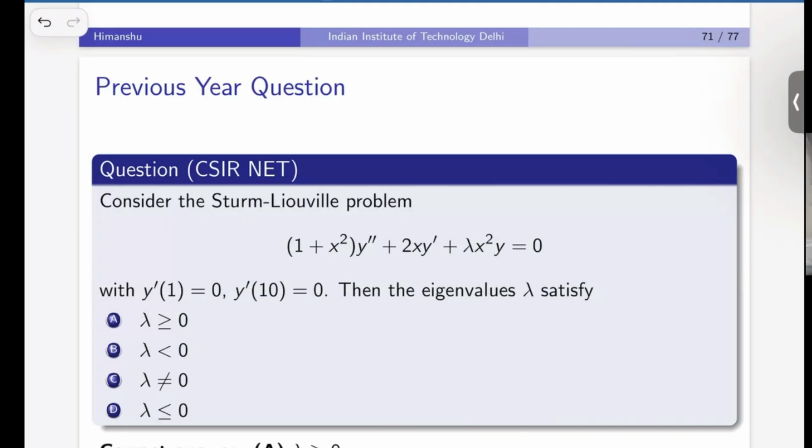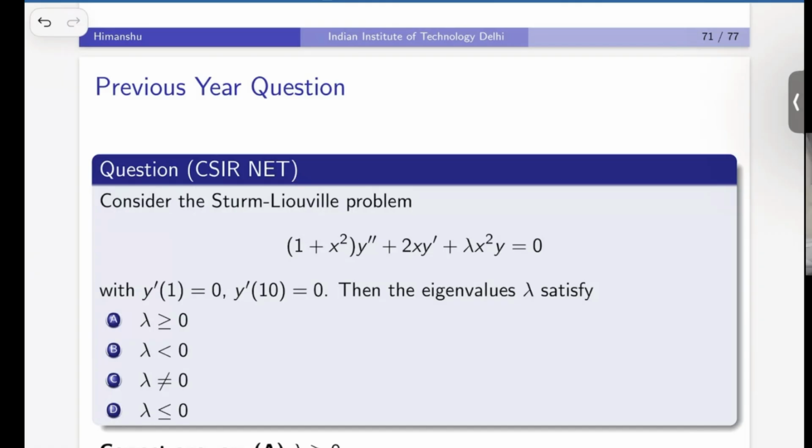Now let's come back to options A and C. You can easily verify by substituting lambda equals 0. Then we have one non-trivial solution in this case. So that discards option C as well. So our option A is true. So is it clear how we do this question? Any doubt in this question?